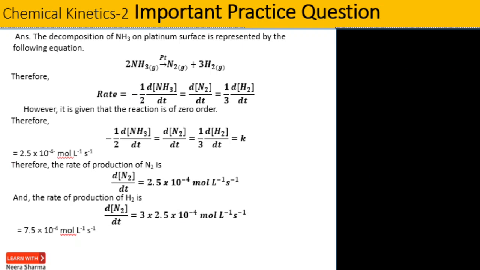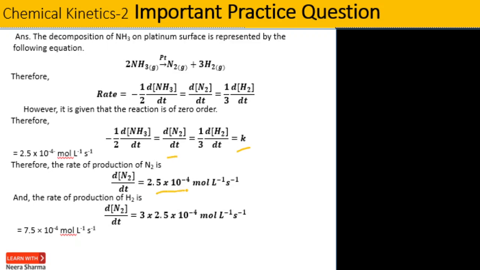So we have come up to this step. The rate of production in terms of nitrogen would be the rate constant itself. d[N2] by dt is nothing but K here.